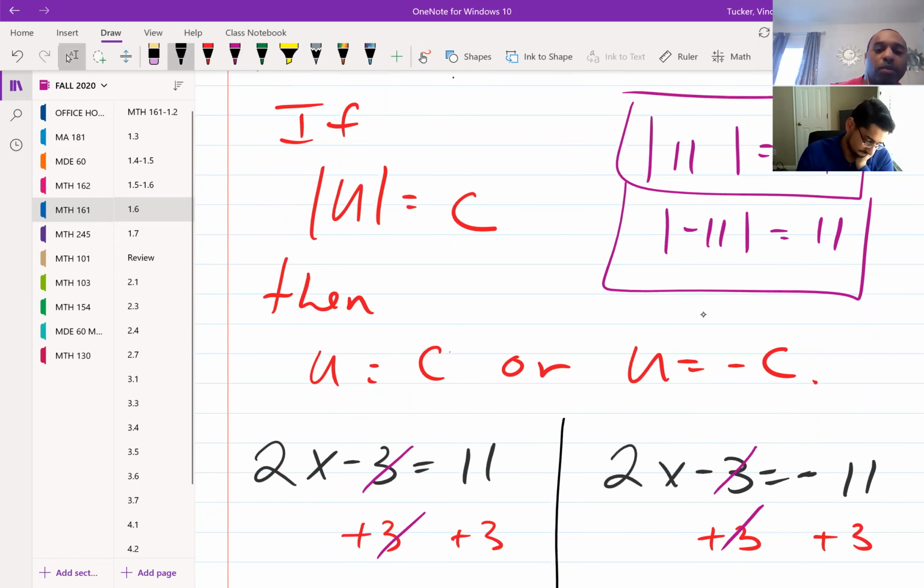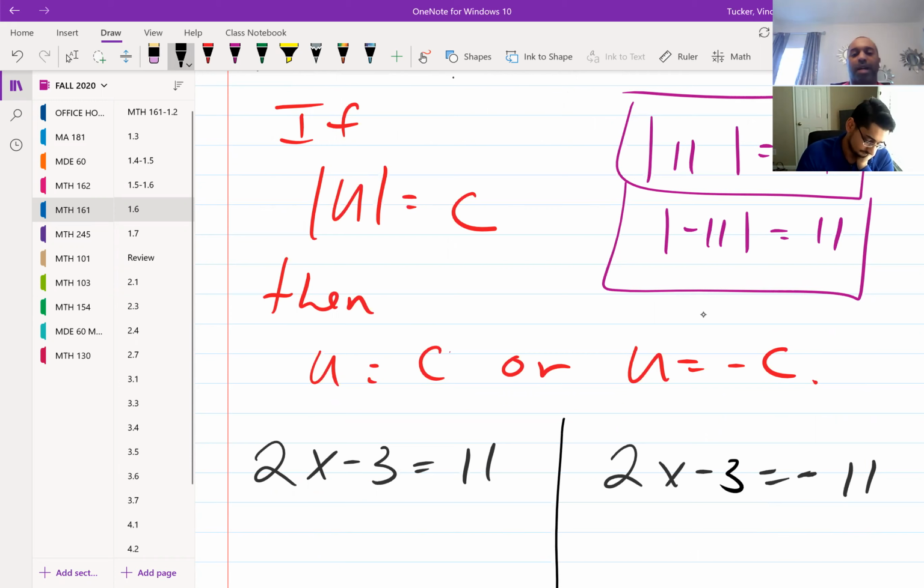Let me erase this so we can walk through it. So you have 2x minus 3 equal to positive 11, and then 2x minus 3 equal to negative 11.